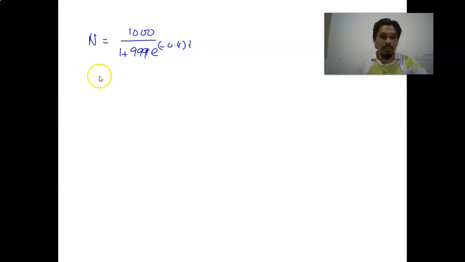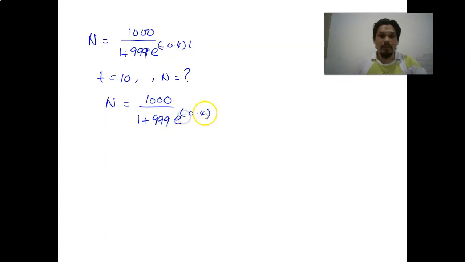So then when t equals 10 and the n given here, n equals 1000 divided by 1 plus 999 e^(-0.4), where t equals 10.